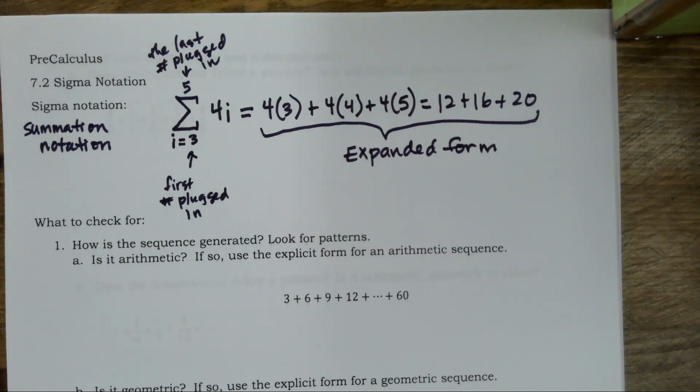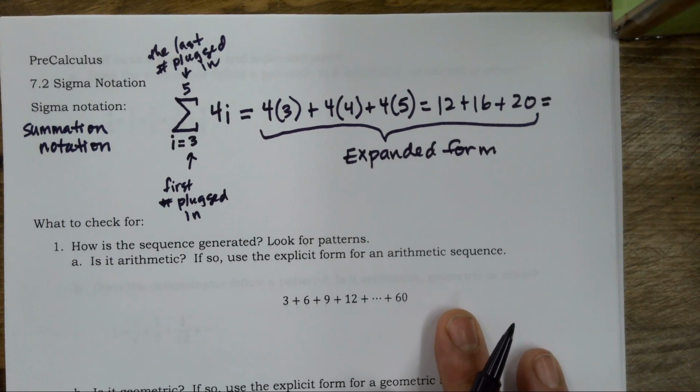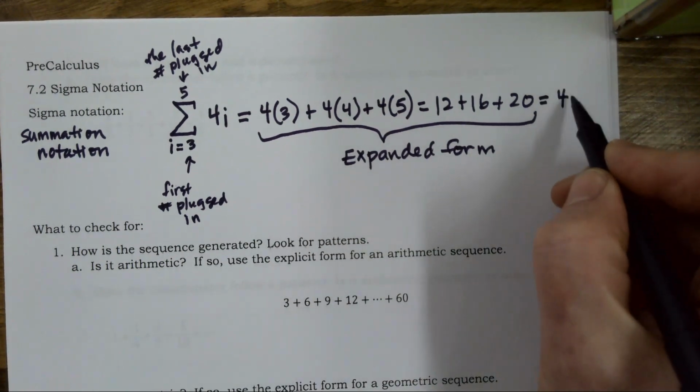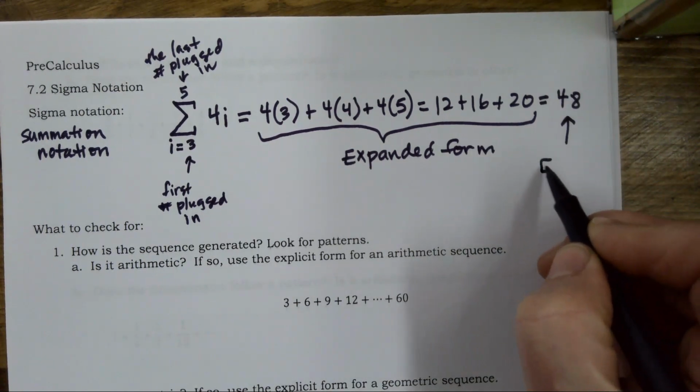It doesn't matter. Those are the pieces of expanded form. When I actually add them up and get a value, so this is 48, that's what they're looking for when they say evaluate.